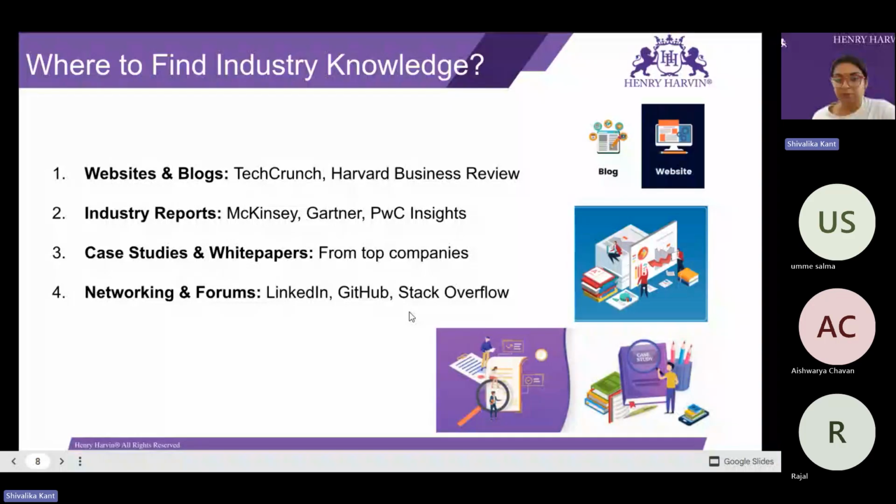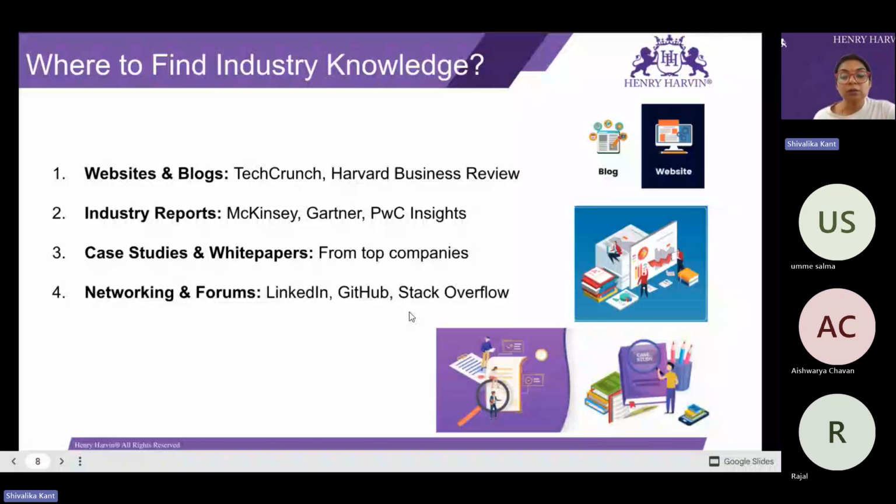Government and regulatory websites: you have SEBI, RBI, FDA. These are good websites from where you can get updated information. Then you have industry associations and councils: CII, NASSCOM, IEEE, IMA. They often publish reports, standards, and insights as well, so you can pick up information from there also.